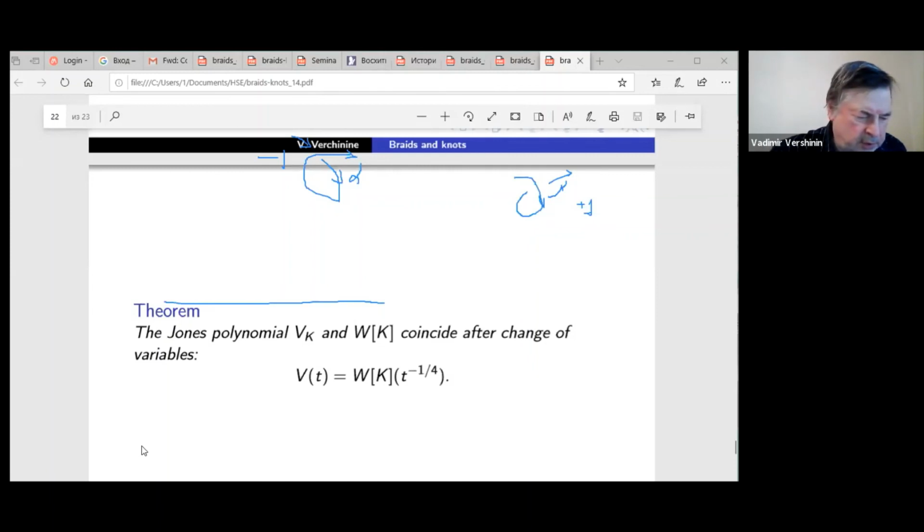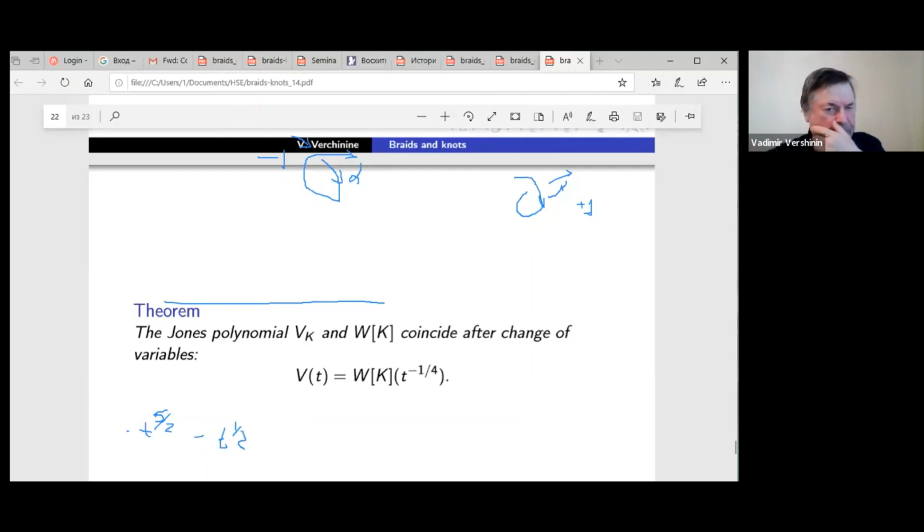So I can write down the Jones polynomial for the positive Hopf link: it has the value minus T to the 5/2 minus T to the 1/2.